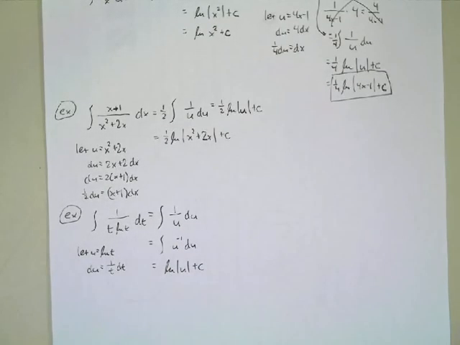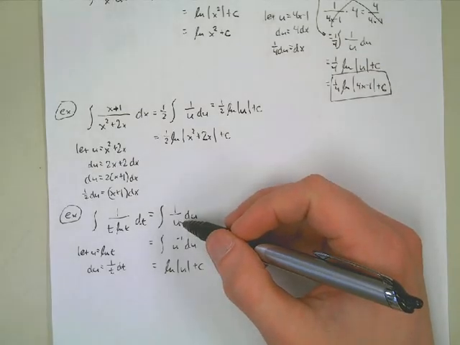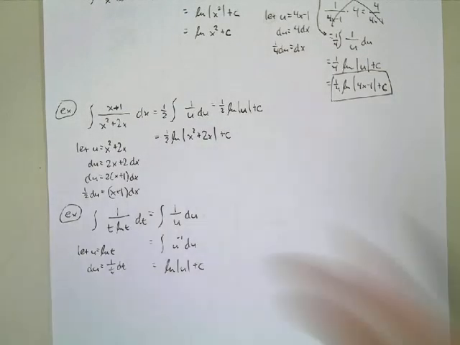The good news is, it's very tempting when you see 1 over u to rewrite that as u to the negative 1. That's a good thing to think about because students tend to get that mixed up. Sometimes I see students see something like 1 over u squared and they try to do a natural log. If it's 1 over u squared, that's when you rewrite it as u to the negative 2 and use the power rule.